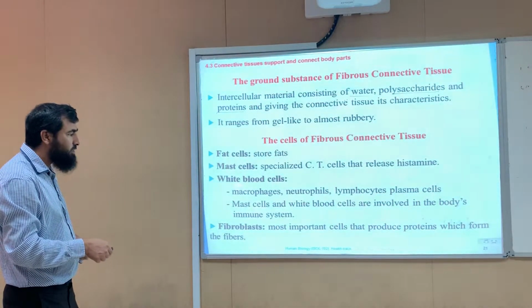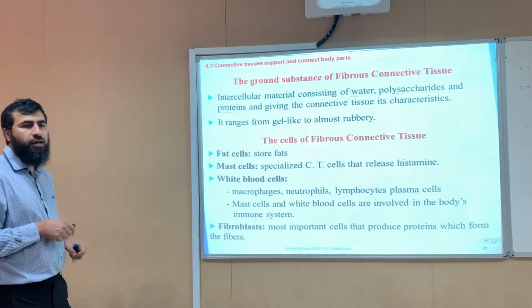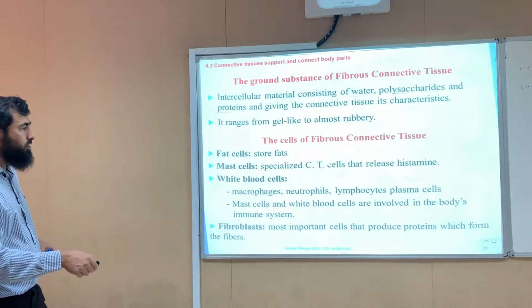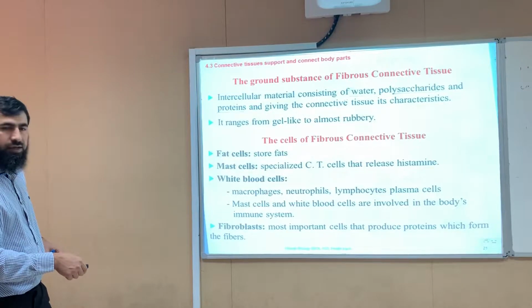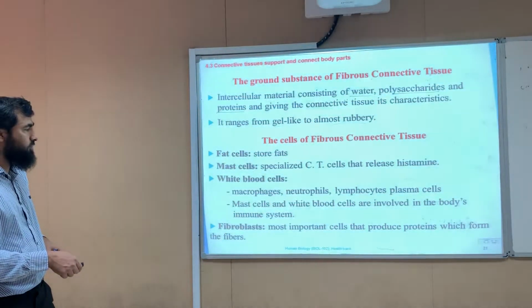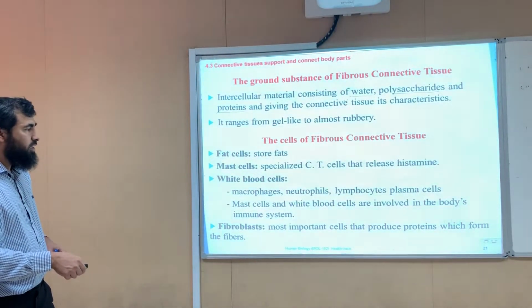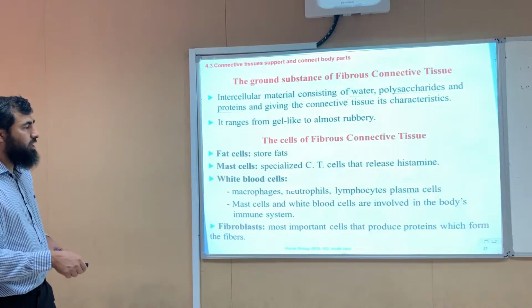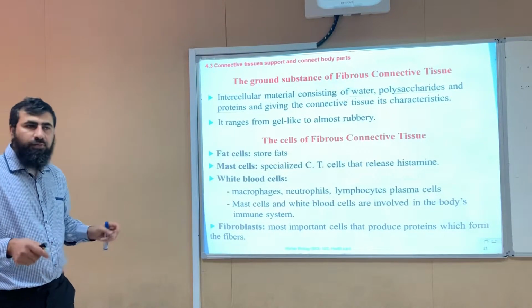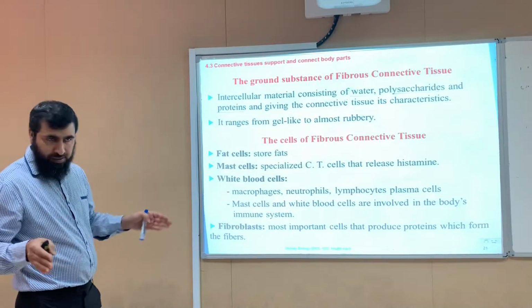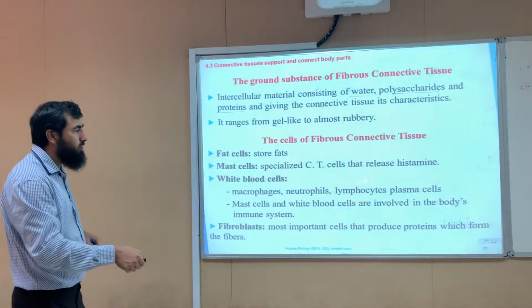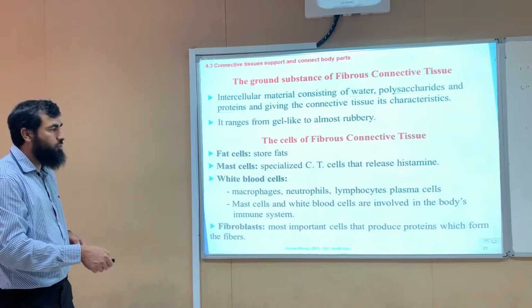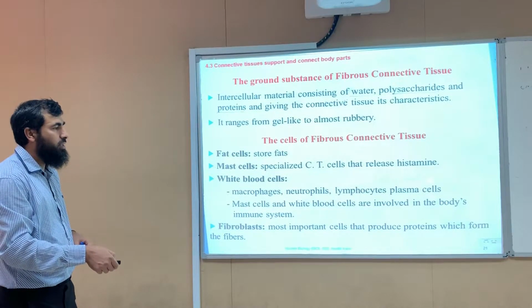So white blood cells are very important in defense, okay? You have different types of them in the loose connective tissue or fibrous connective tissue. You have the macrophages and neutrophils. These are phagocytic cells, remember phagocytosis? It brings in the bacteria. Then you have the more adaptive immune cells like the lymphocytes and plasma cells.